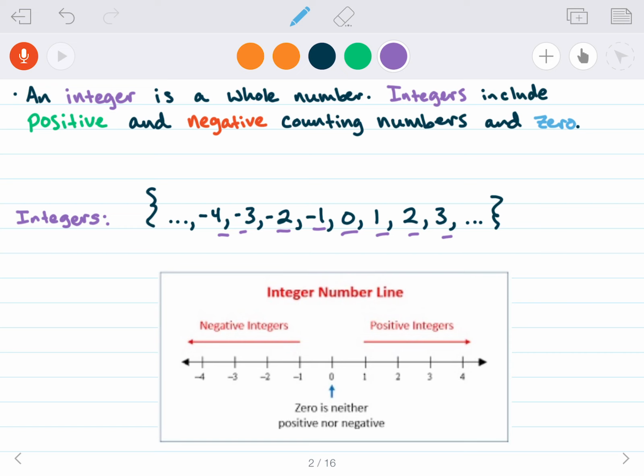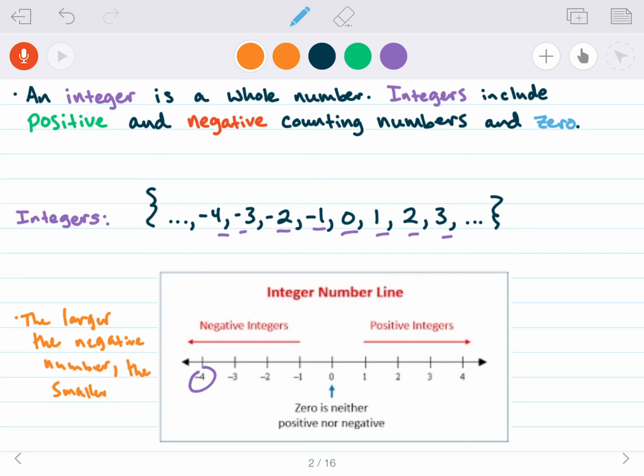So we can plot integers on a number line. We could have 0 right in the middle, and the negative integers go off to the left, and the positive integers go off to the right. And one thing to note is this: the larger the negative number is, the smaller the number.